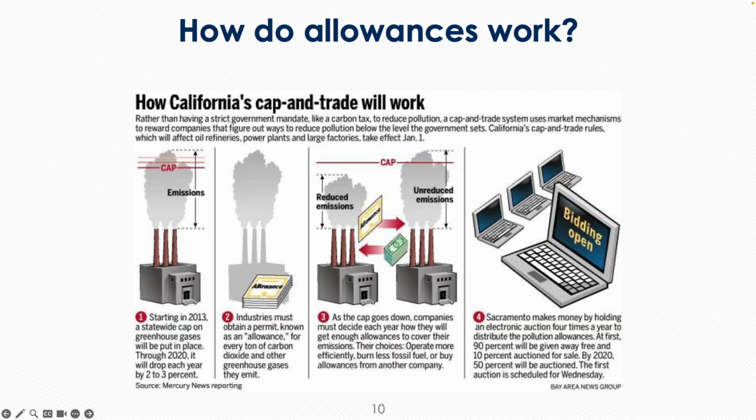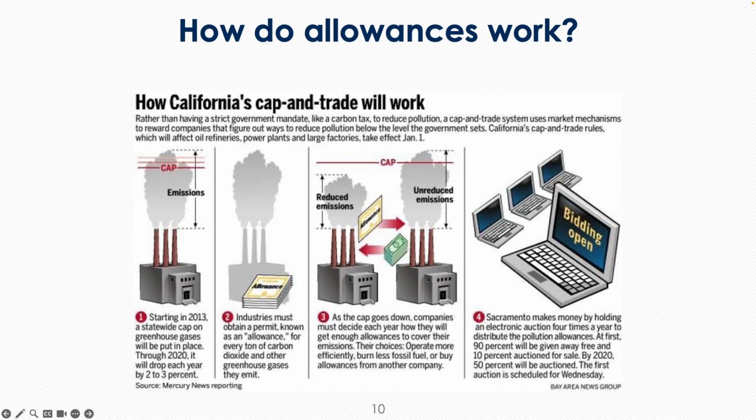This was implemented back in 2013 in California. There are other regions around the world that do have cap and trade or emission trading schemes. There are certain nuances of the programs that might be slightly different, but in general, it's going to work in this way, right? Here, a statewide cap on the total emissions is put into place.